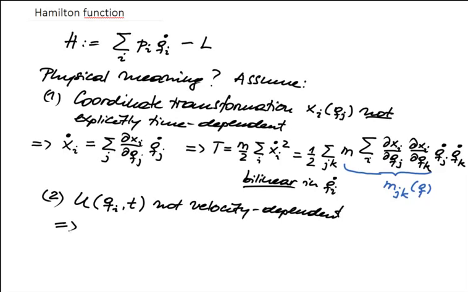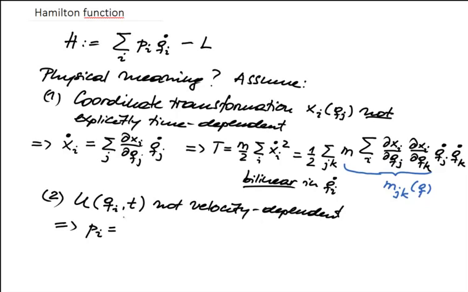Then if we combine these two assumptions and we look at the generalized momentum, remember that the generalized momentum is the partial derivative of the Lagrange function with respect to the velocity, qi dot. The Lagrangian is kinetic energy minus potential energy, but the potential energy doesn't depend on velocity. So only the kinetic energy contributes here.